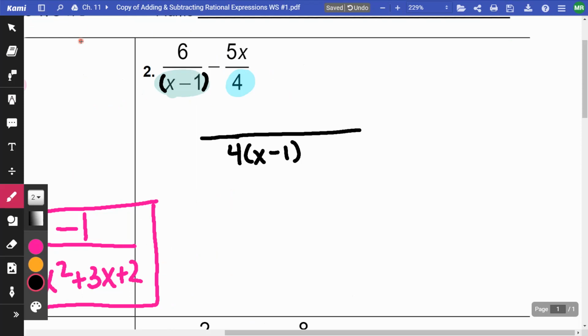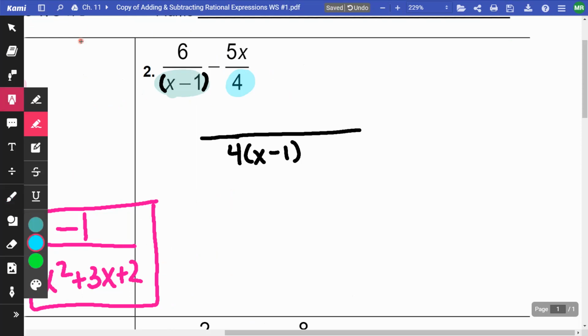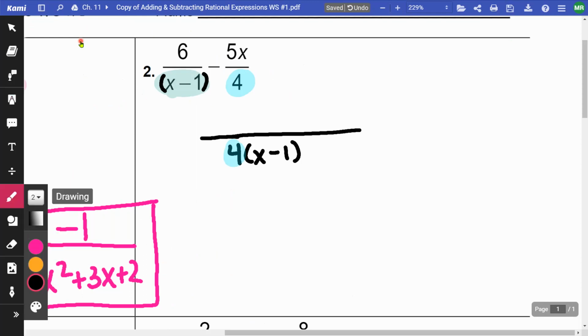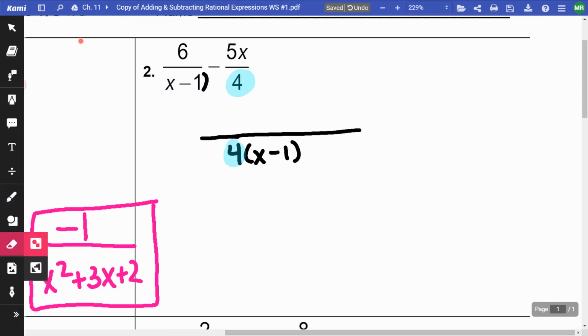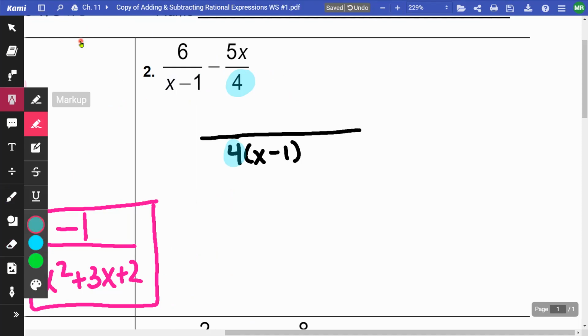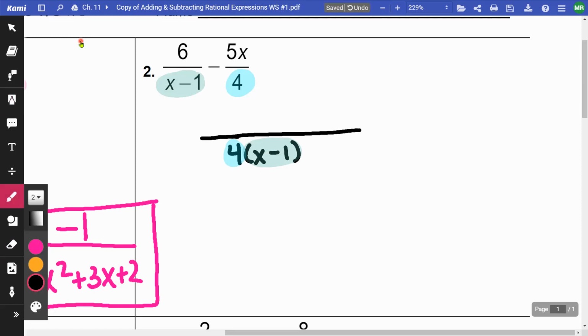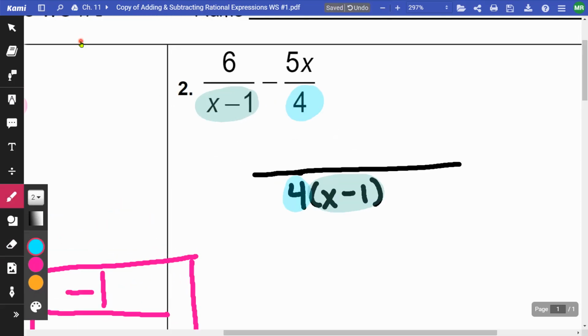I need both of them, okay? I needed the 4 because of the first fraction, and I'm going to need the x minus 1 because of the second fraction. So I need to make sure that I'm multiplying top and bottom by what I'm missing. In this situation, I'm going to multiply the top and the bottom by 4.